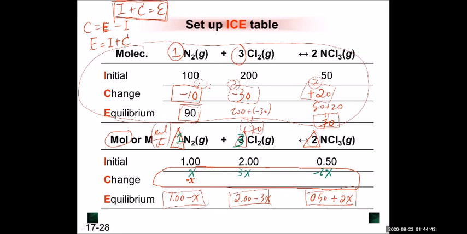It depends on which way you look at it. If you look from left to right, then the left is the reactant. If you look from the right-hand side, reversing back to the reactant, then the product becomes the reactant.